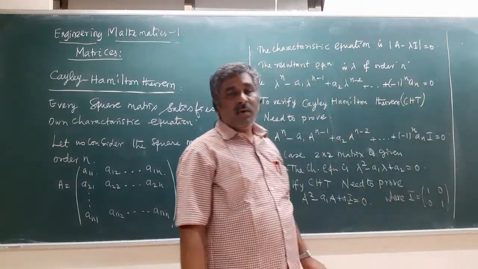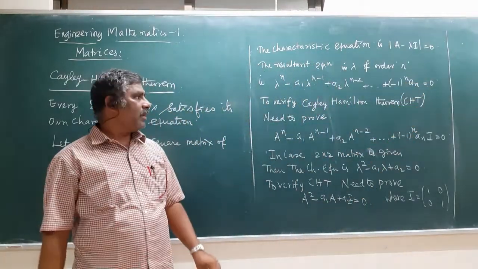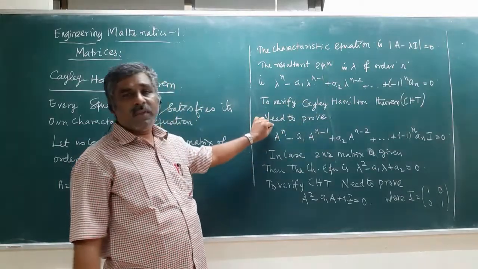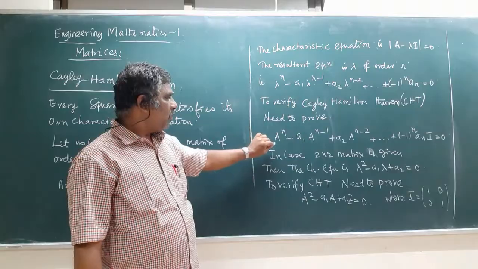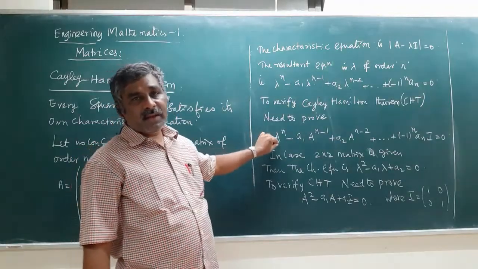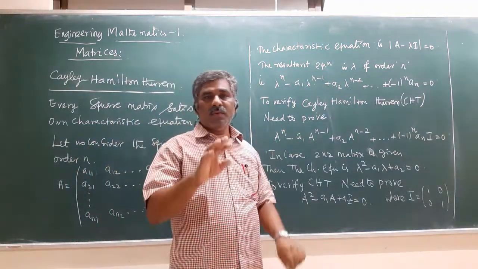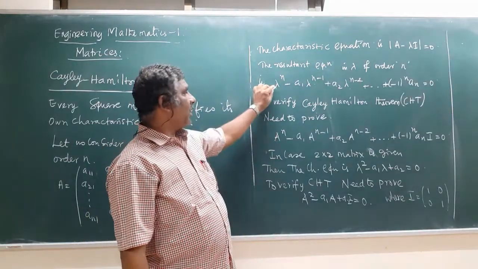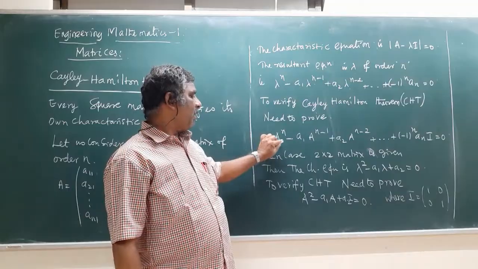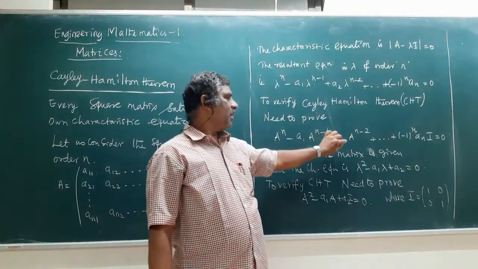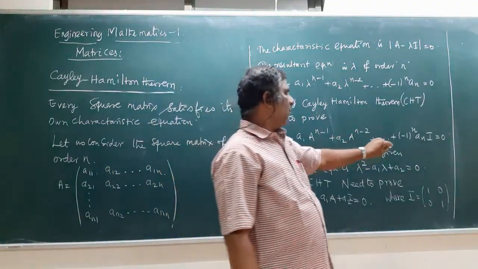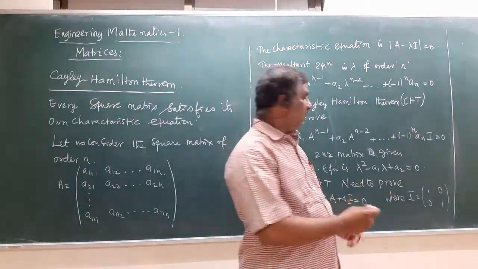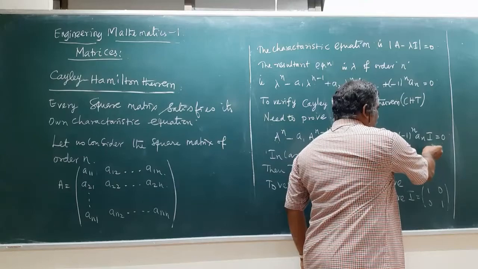Next, how to verify the Cayley-Hamilton theorem for this? To verify it, we need to prove the following. In the place of lambda, you substitute A. The equation is A power n minus a1 A power n minus 1 plus a2 A power n minus 2, and so on, minus 1 whole power n an, and then I is there.